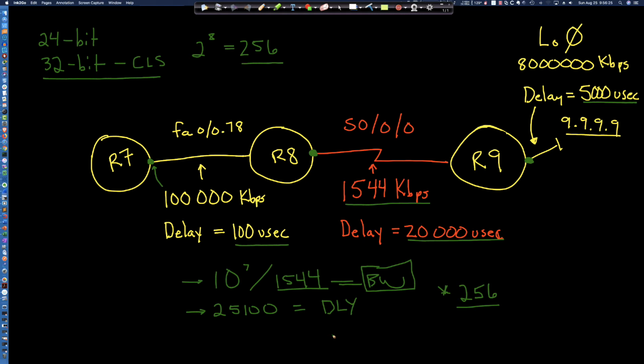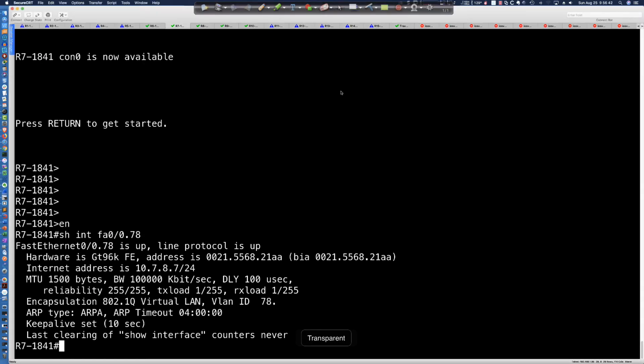Now, you can do this by hand. There's nothing wrong, but when you get in a really large environment where you've got a lot of routers involved, this can become quite time consuming. Here, you can see that we're simply looking at 3 different interfaces. In fact, if I was to shift back over here to the topology, if I started on router 7, we've already done the show interface on FastEthernet 0/0.